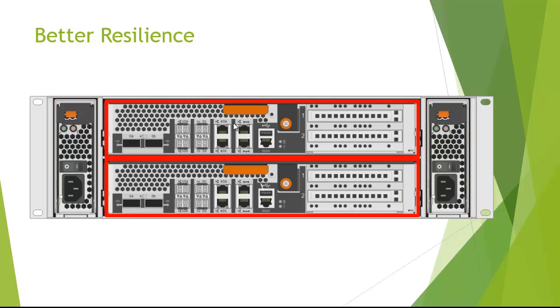And then the second type of resilience is dual controller. Now we're going to talk about the different types of dual controller later, but we have active and passive and the different types of controllers that are available, and we will go into that in more detail. But ultimately the controller is the brains of the system. It's what's processing the requests and requesting the information from the physical disks, handling the caching.